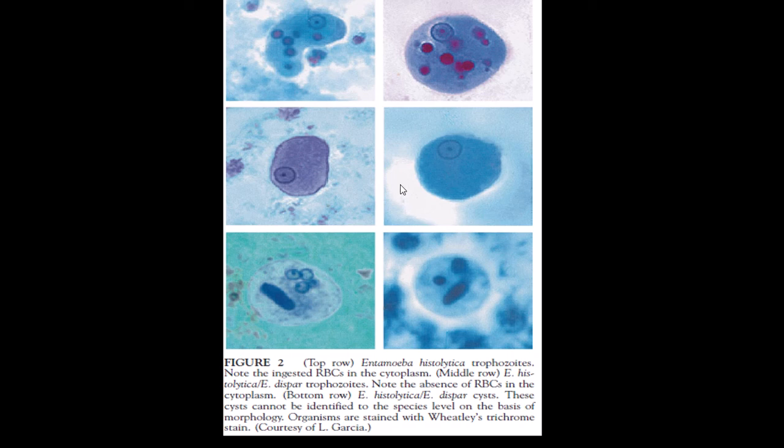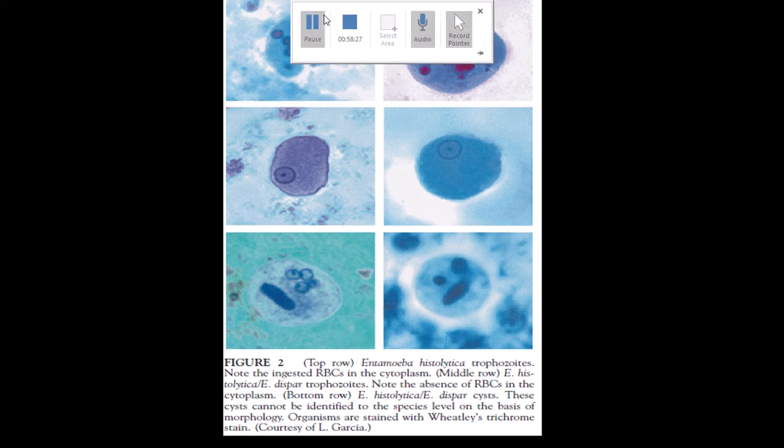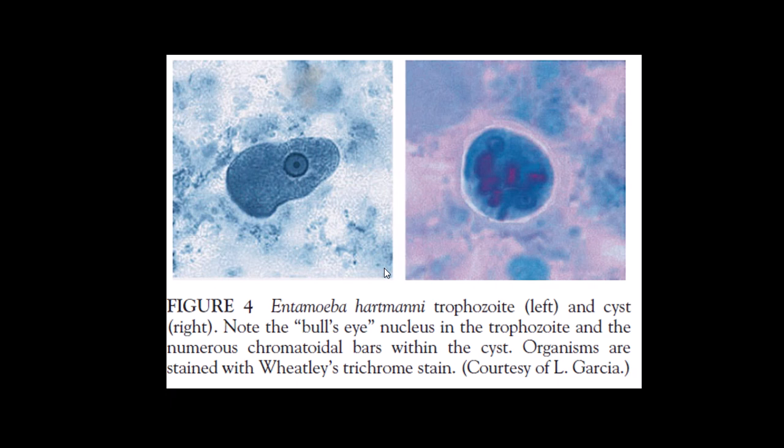Chromatin bars, we call them. So it's extremely important then to differentiate between the pathogenic Entamoeba histolytica versus the non-pathogens regarding the chromatin bars and the nucleus. And remember that the nucleus has a nucleolus, we call it the bull's eye in appearance, and the chromatin bar is usually blunted rather than pointed, and the trophozoite usually contains red blood cells, indicating invasiveness.